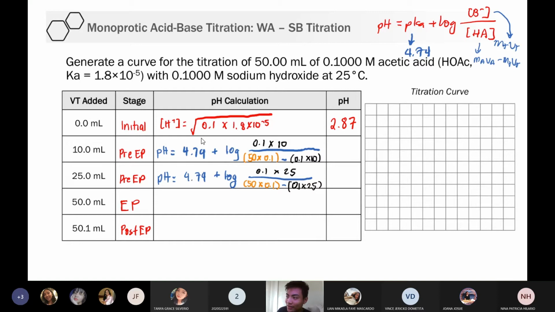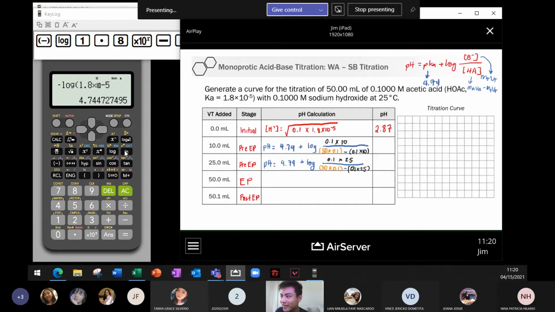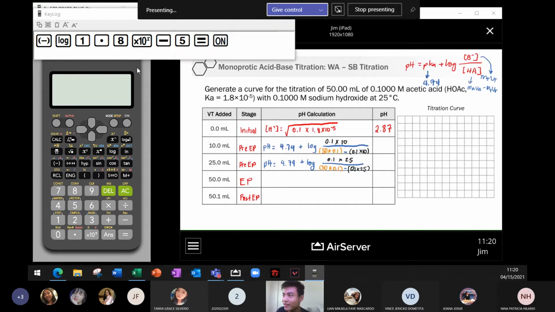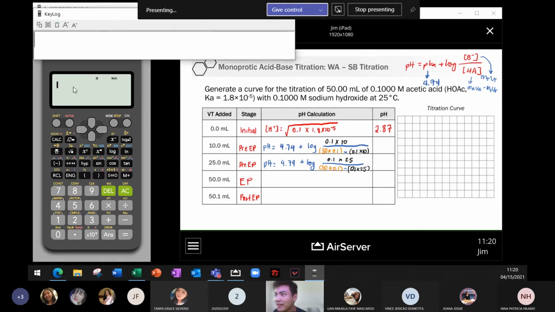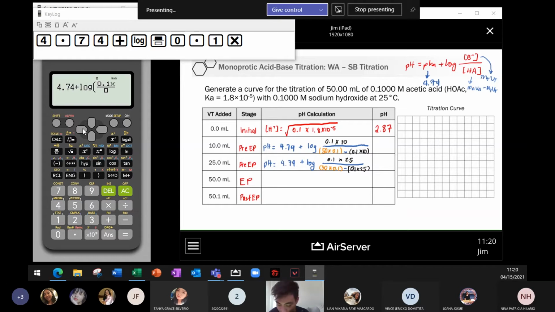Ayan, plug in na lang natin to sa calcu. Screenshot nyo na lang kasi pipindot ako ng calcu dito. Okay. Clear natin to. Ayan. For 10 ml, that's 4.74 plus fraction. Ay, hindi. Log muna. Log, then fraction. On the numerator, that's 0.1 times 10 ml.